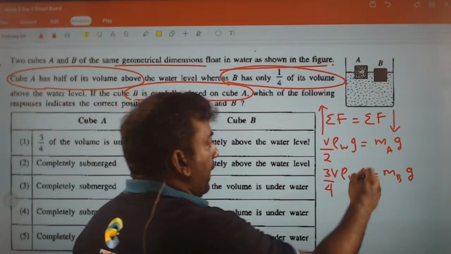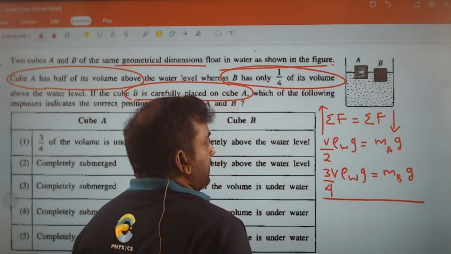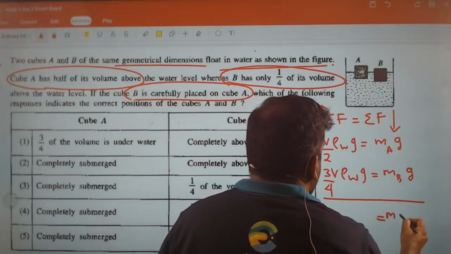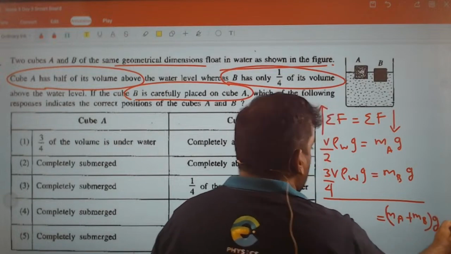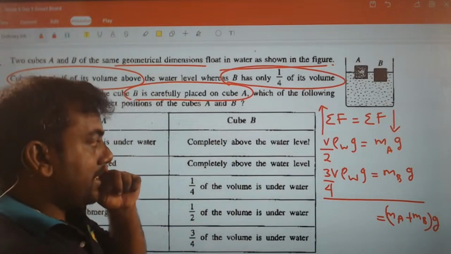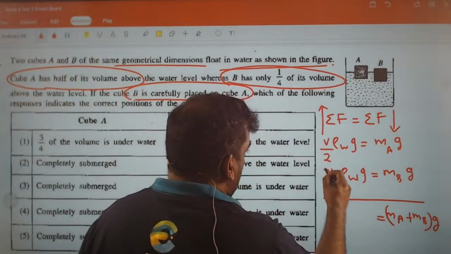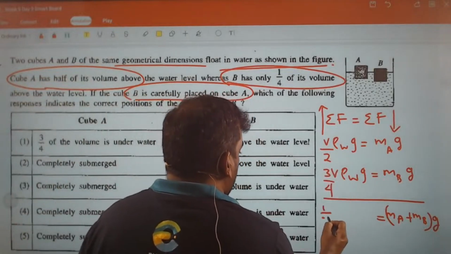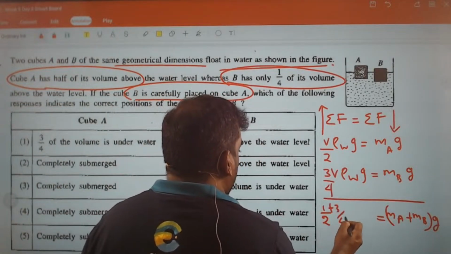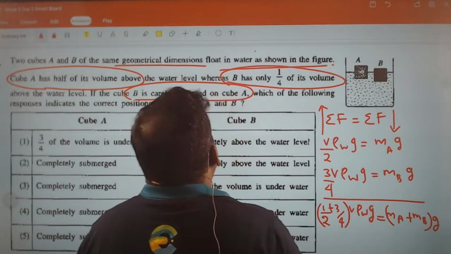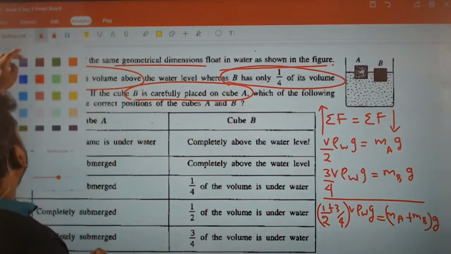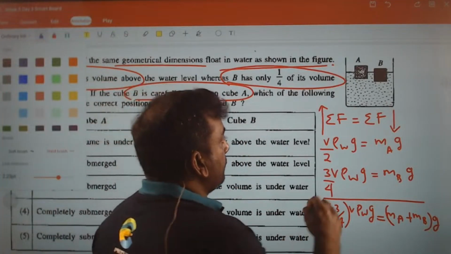Now, if you keep B on top of A, let's mathematically add this: Ma g plus Mb g. If you simplify it, half plus 3/4 V rho W g. Now you all know this bit.